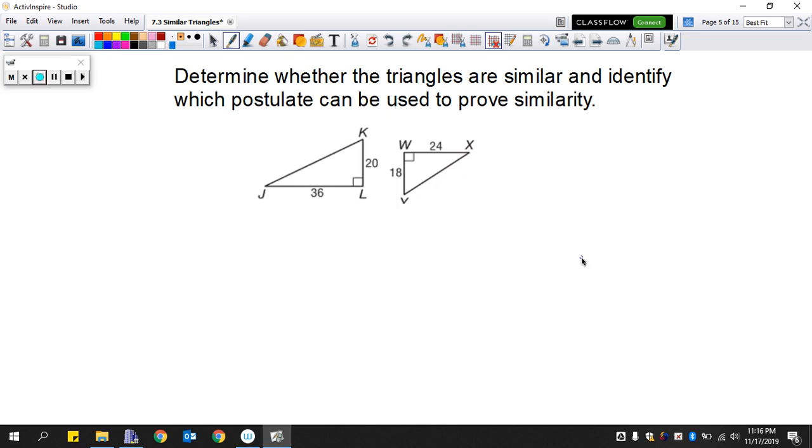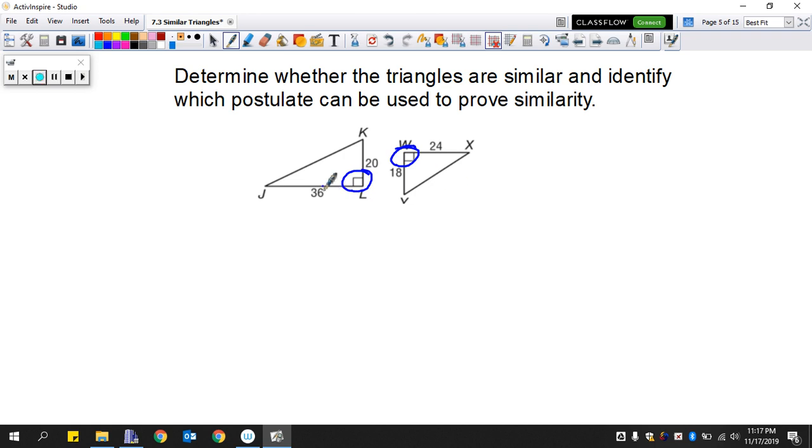Here we can see that this and this are congruent. They're both right angles. What we're going to look at here is the fact that we're given two side lengths with an angle in between. So we're going to think about side-angle-side. What we need to look at though is whether they're proportional.